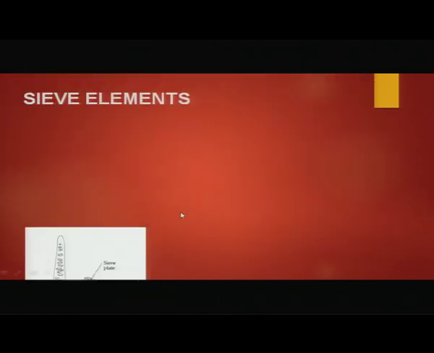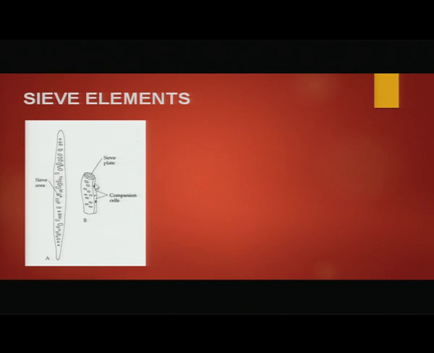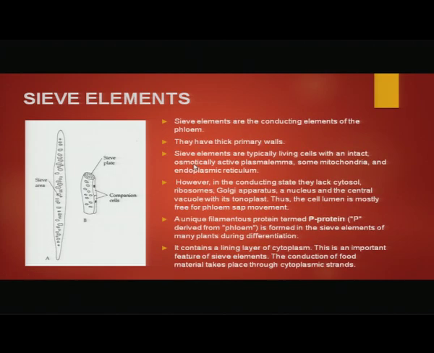Sieve elements. Now, sieve elements are of 2 types, sieve tube cells and sieve cells. Sieve elements are the conducting elements of phloem. They have thick primary walls and they are living cells with an intact osmotically active plasmalemma, some mitochondria and endoplasmic reticulum.